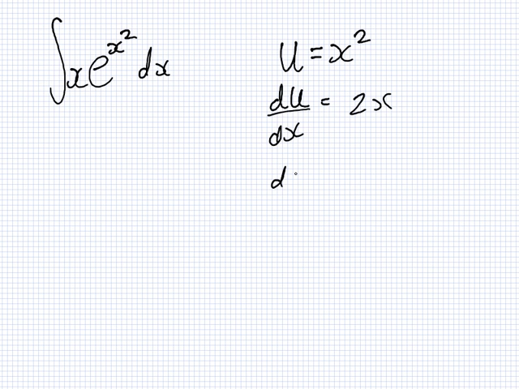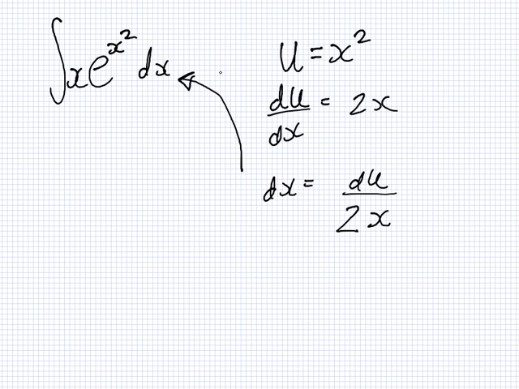So what does dx equal? du over 2x. So that can go in. Oh, thank you. What on earth did I just write? Oh my goodness. Totally not with it. dx equals du over 2x.